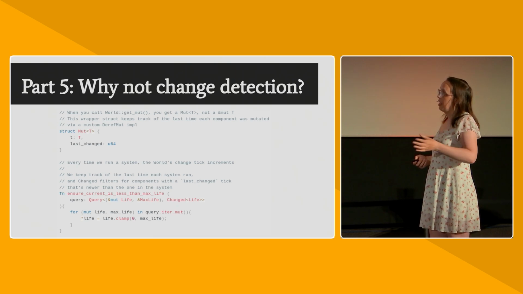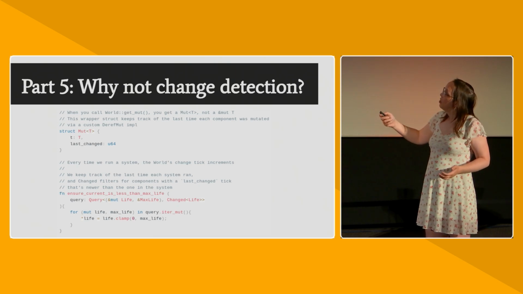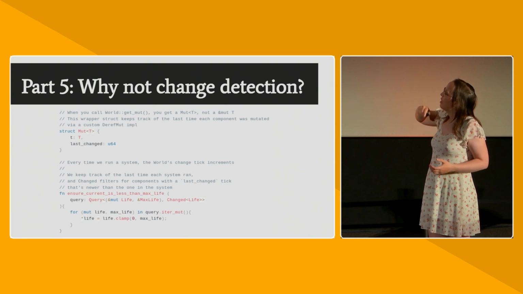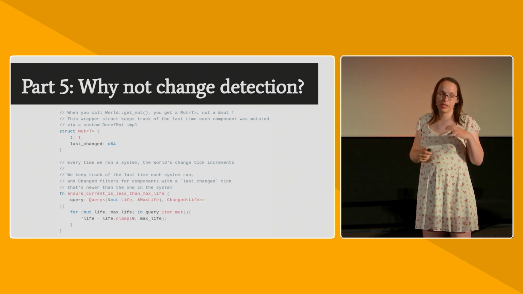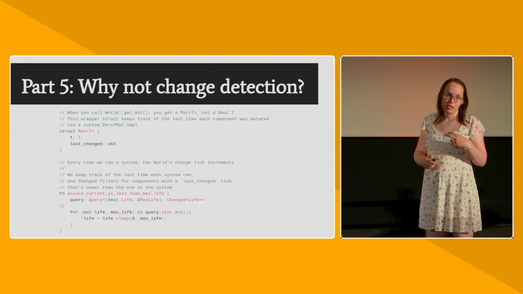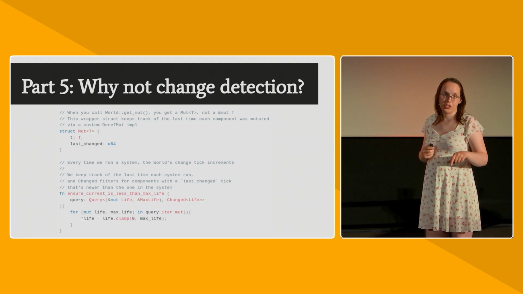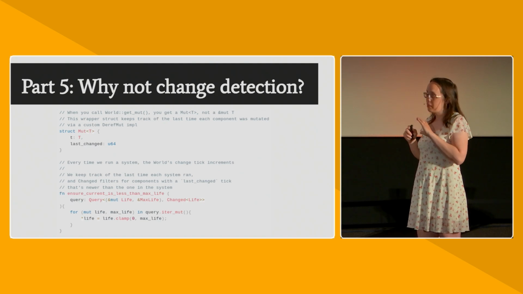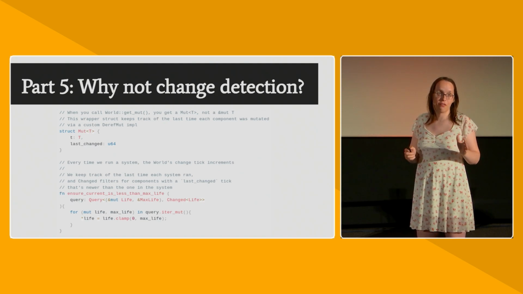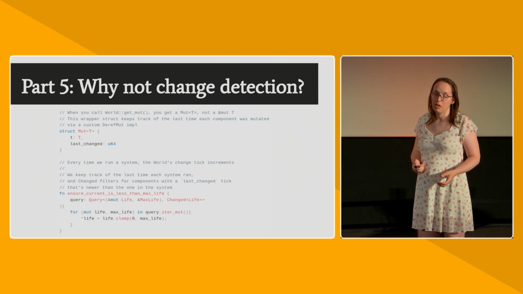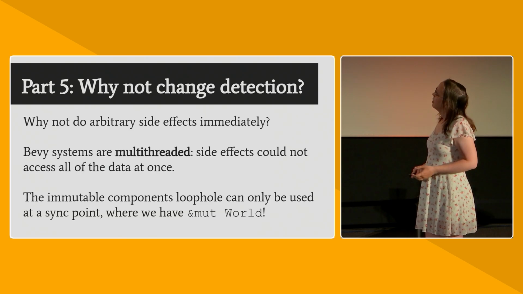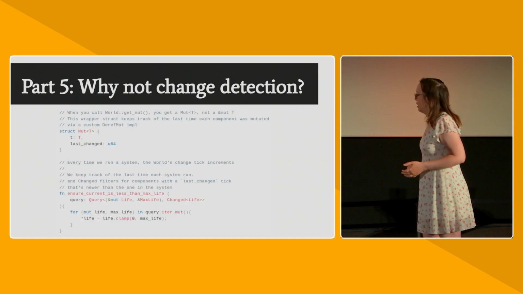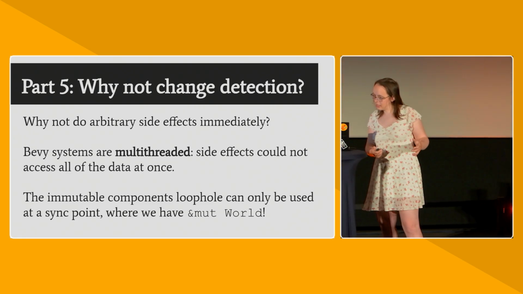And it dereferences to T, and whenever you change something, the tick inside of it updates, and it says, okay, this is the last time I was changed. And whenever you run a system, it says, this is the last time I was run. And then you compare the change tick to the last time the system ran, and then you say, is this newer or older? And that's great. It's quite efficient. It's very straightforward, and it's very reliable. But the problem here is that it doesn't catch everything. It doesn't catch everything immediately.